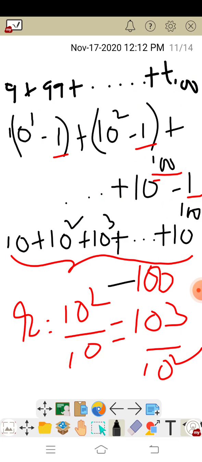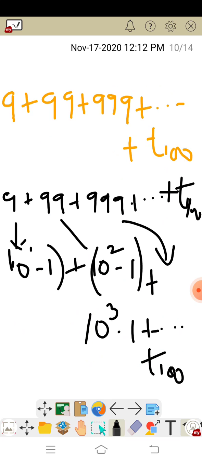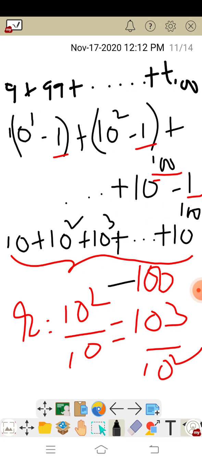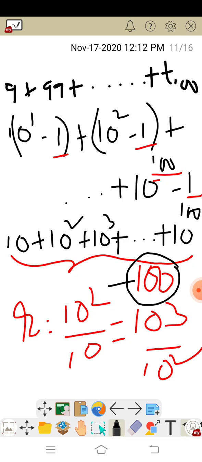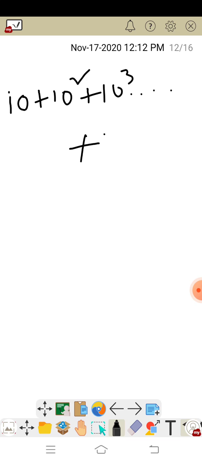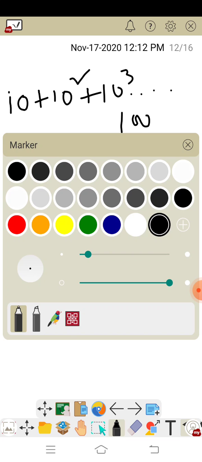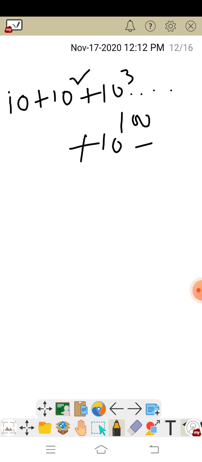Now if you see here, there is one more thing you are having, which is minus 1 minus 1 minus 1 up to minus 100. So finally you are having 10 plus 10 square plus 10 cube and so on plus 10 to the power of 100 minus 100.